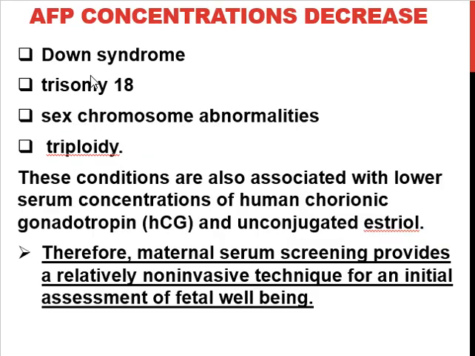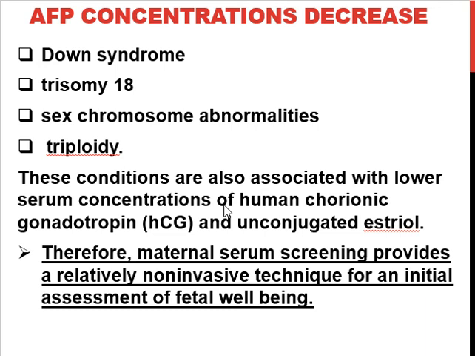The second case is that serum alpha fetoprotein concentration may decrease. If there is a decrease in the alpha fetoprotein concentration, then we can have a fetus with Down syndrome, trisomy 18, sex chromosome abnormalities, or triploidy.